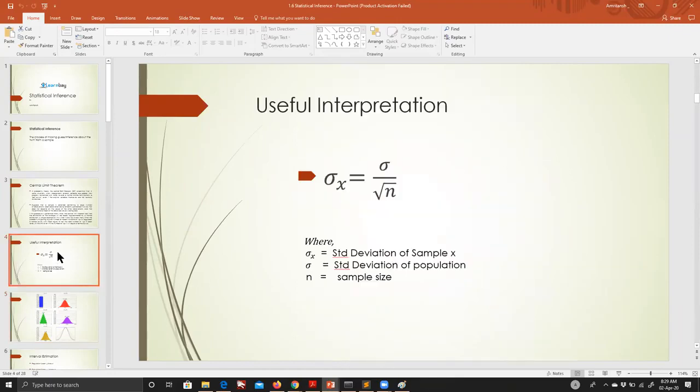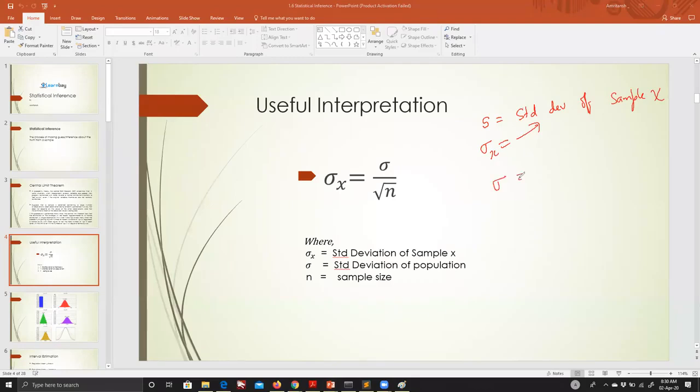Now there is a useful interpretation that I want you to note down. There are different notations. Some people might use small s. In some books it is used as small s, where the small s is the standard deviation of sample x. Or some people just use it like this, same thing.